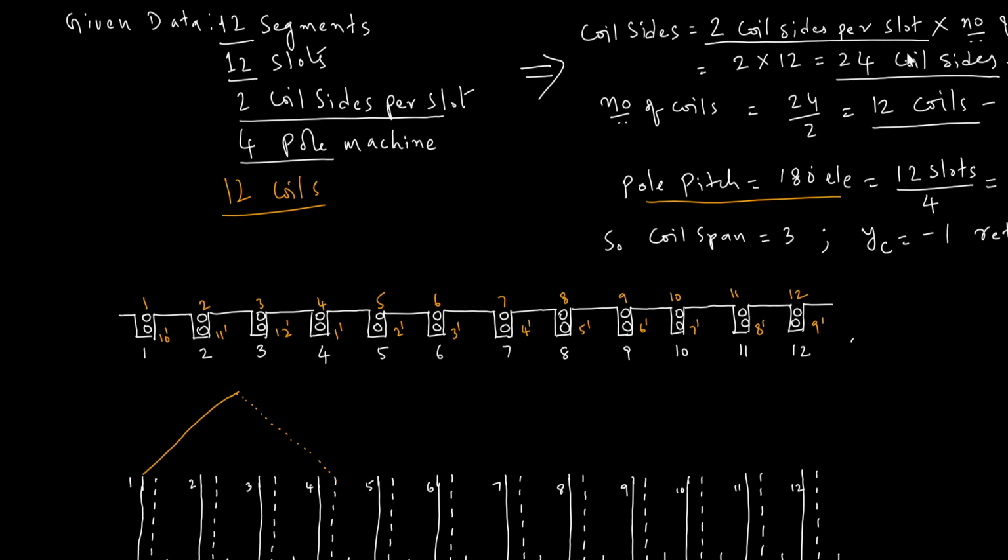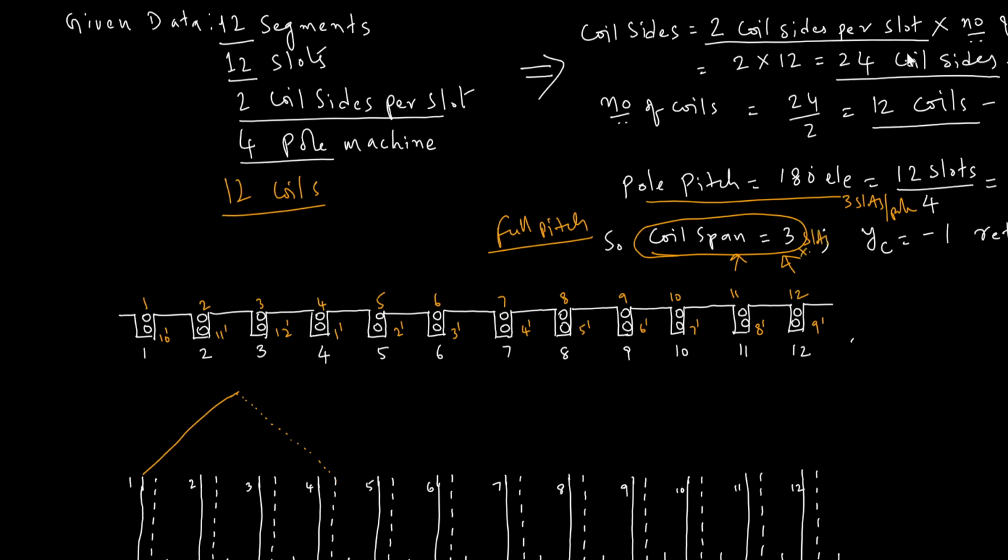12 slots by 4 poles gives me 3 slots per pole. So for a full pitch coil, the coil span should be 3 in terms of slots.